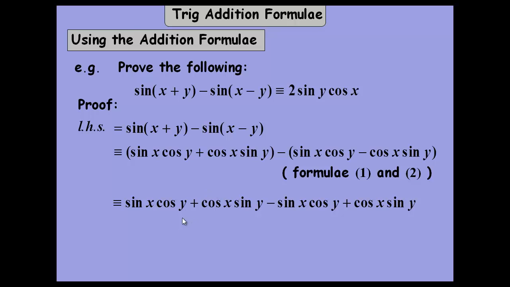If you get rid of the bracket, you can now see you've got sine x cos y plus cos x sine y minus sine x cos y plus cos x sine y, so those 2 are going to cancel. And you're left with 2 cos x sine y, which is the right hand side.